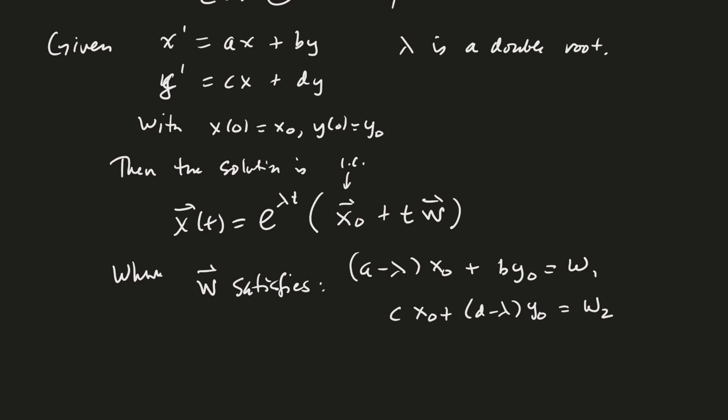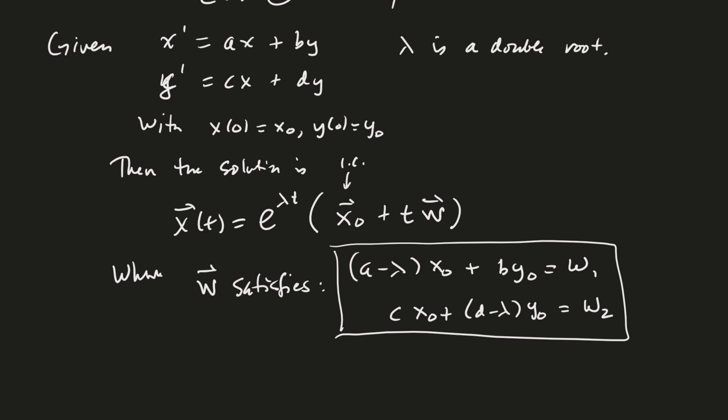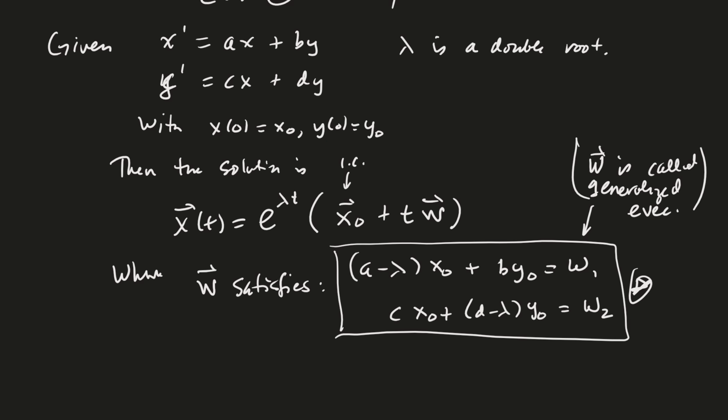This is kind of an odd equation, but it looks very much like the eigenvector equation. There are just some subtle differences here. w is called a generalized eigenvector, but you don't need to know that. It's not quite an eigenvector because that's not the eigenvector equation, but it's similar.